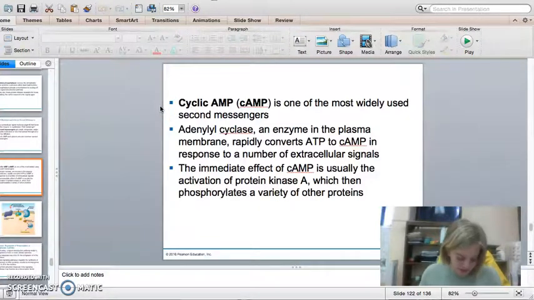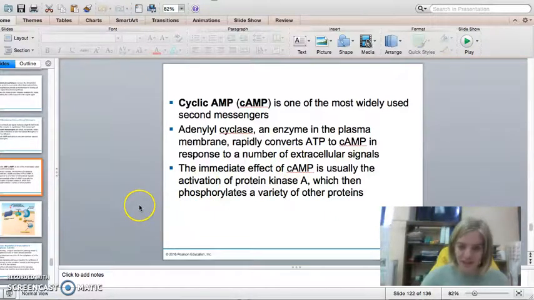The epinephrine binds to a G protein receptor, which causes the activation of something known as adenylyl cyclase, and this enzyme converts ATP to cAMP. Once that happens, we get lots more cAMP, and cAMP is usually going to activate protein kinase A, which, remember, the kinases phosphorylate proteins. That causes a response, and you end up getting all the other proteins changing shape.